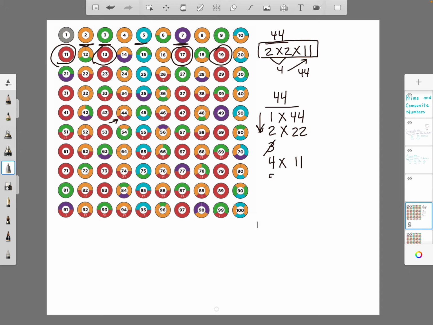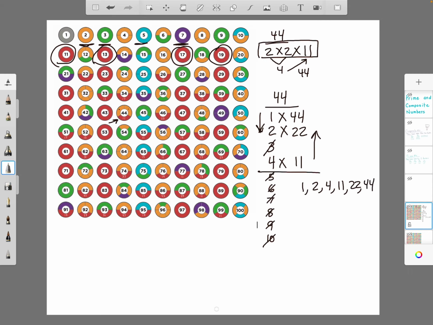If we kept checking, there's no 5, there's no way to make a 6, no way to make a 7, or an 8, or a 9, or a 10. Our next number would be 11, and we've already used it. That tells us that these are the only factors of 44, and we can list them in order going down and going up. So our factors of 44 would be 1, 2, 4, 11, 22, and 44.